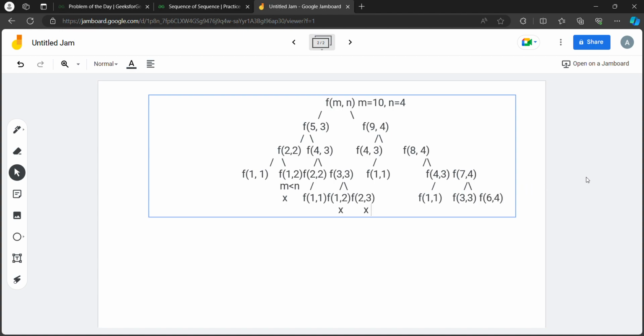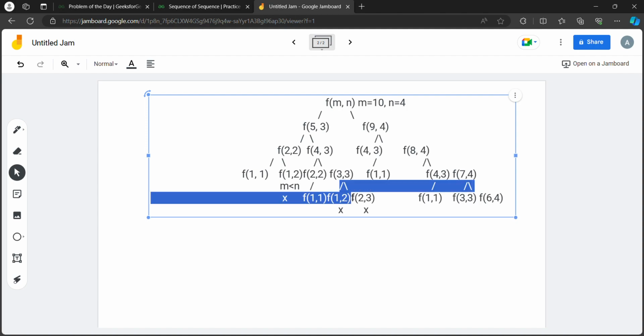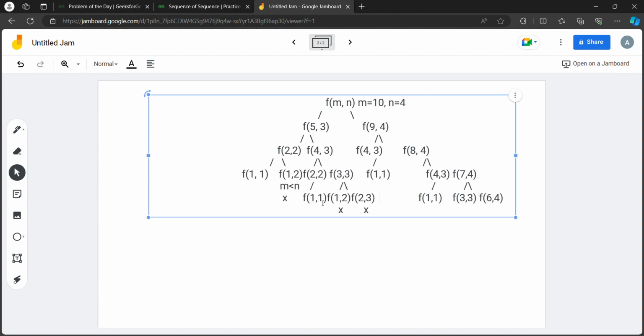Okay, and here same thing will happen here also. Okay, means f of 3 comma 3 is not acceptable.